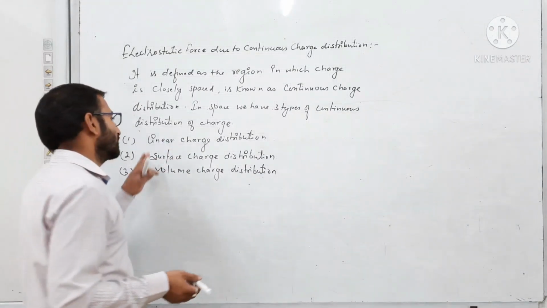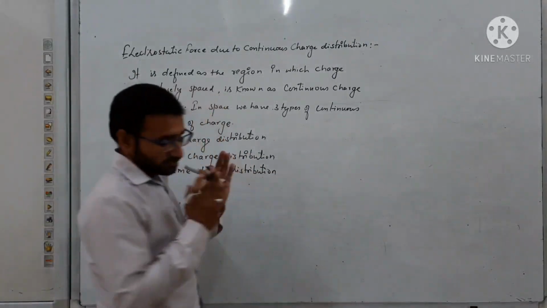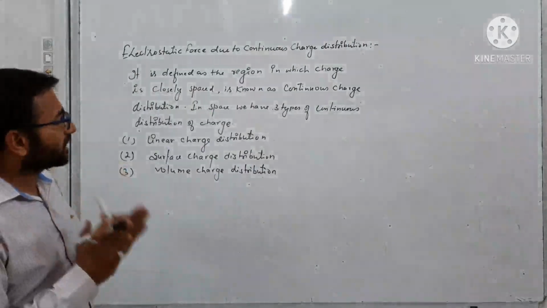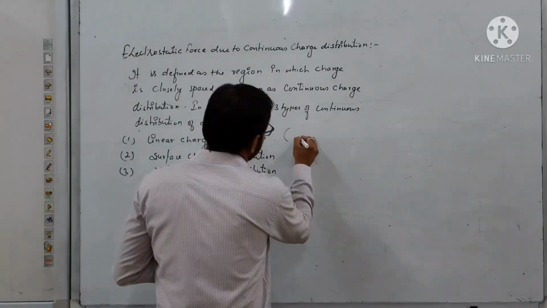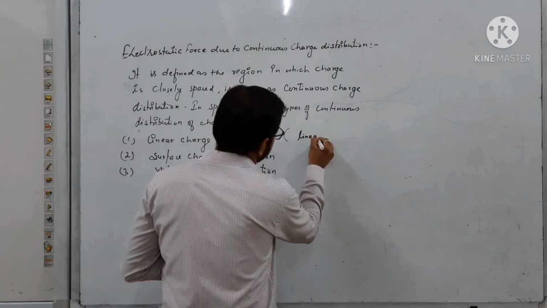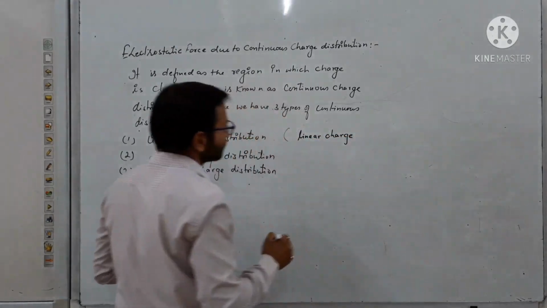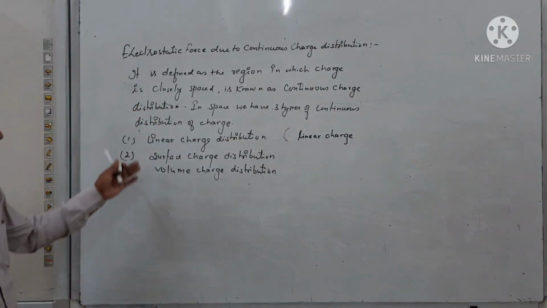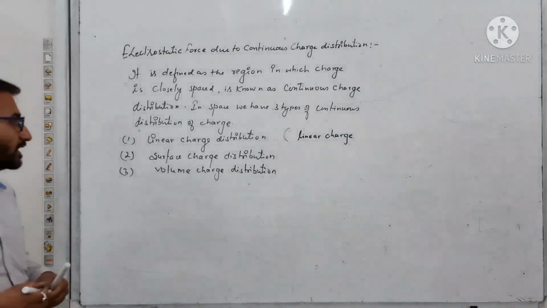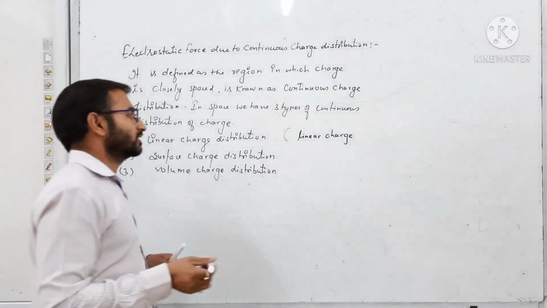That time the charge distribution is called linear, and the charge per unit length gives the term whose name is linear charge density. These topics I will discuss with you, and we will write the formula on the basis of linear charge density. Similarly, we have surface charge density and then volume charge density.